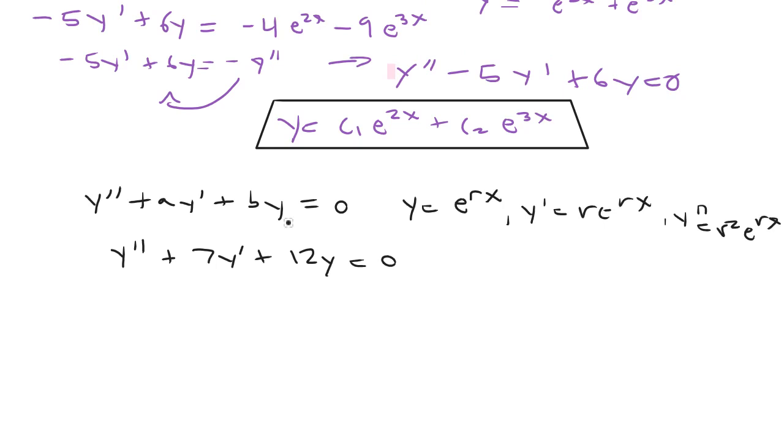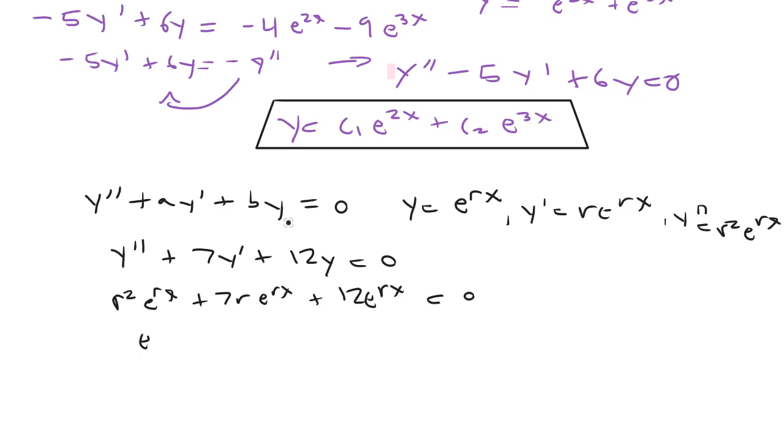Now if you plug that in, you have r squared e^(rx) plus 7r e^(rx) plus 12 e^(rx) equals 0.